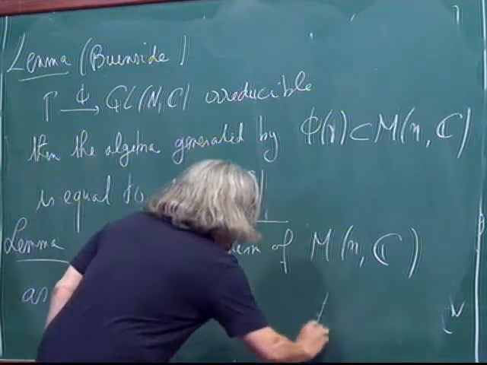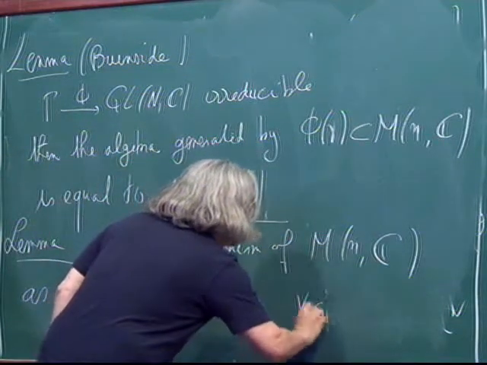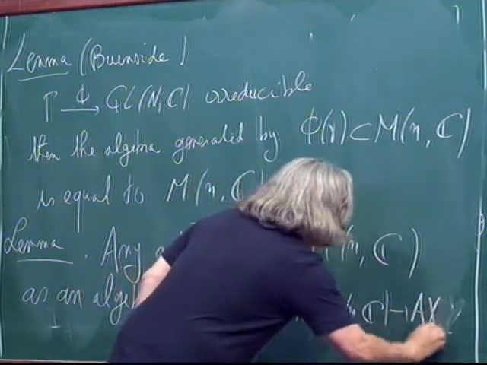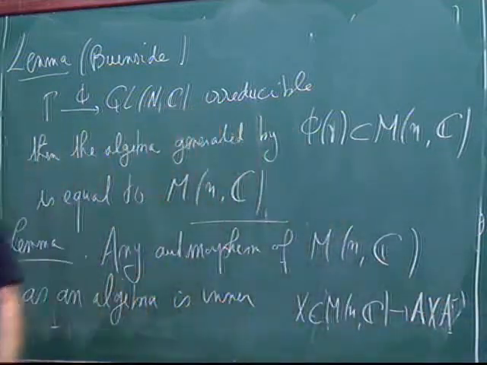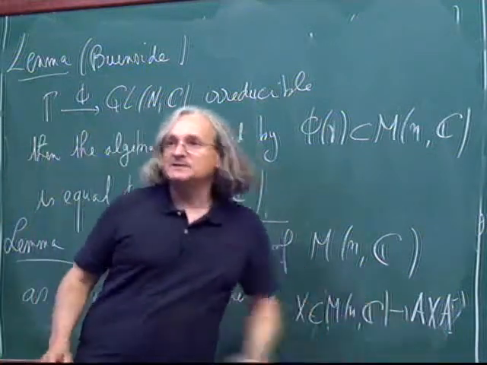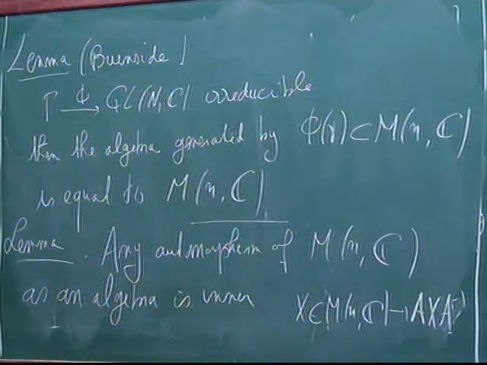So X in M_n(C) goes to A X A inverse. If you look for automorphisms of this algebraic structure of n by n matrices, the only way to construct an automorphism is to conjugate by some matrix. That's not difficult. Now, if you have that, let me show you how to prove this theorem.